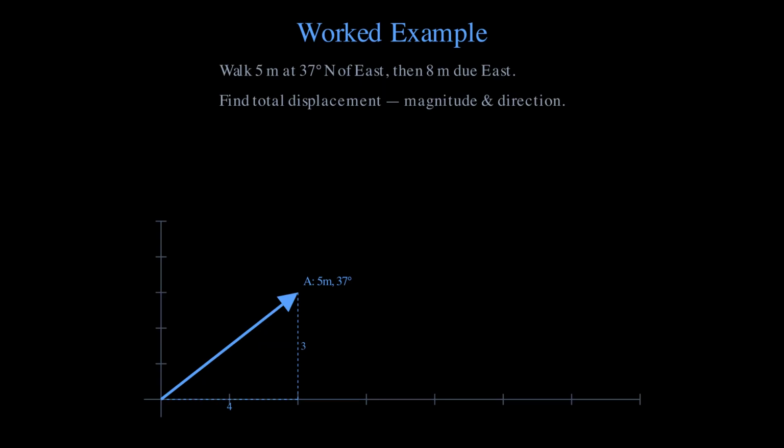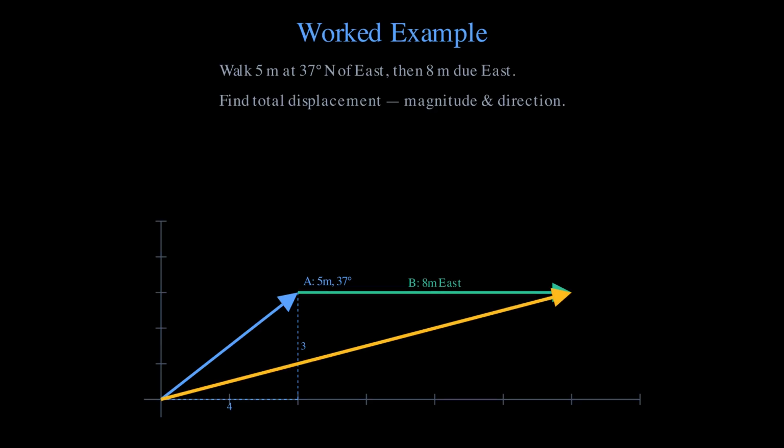That is 5 times 0.6, which equals 3 meters. Second vector, 8 meters due east, entirely along the x-axis. X component, 8 meters. Y component, 0.